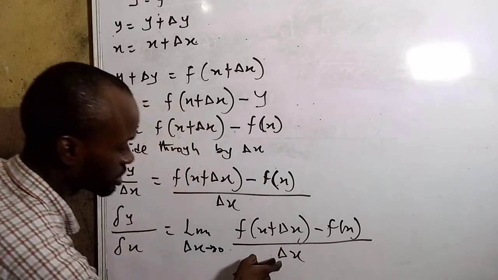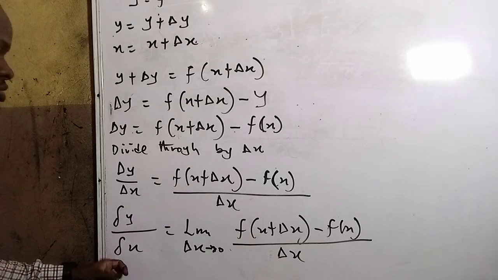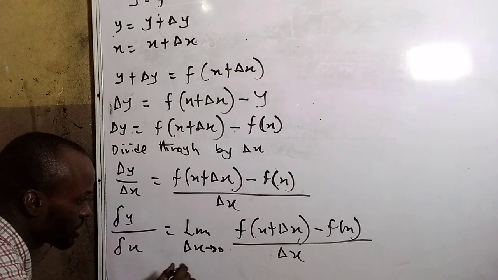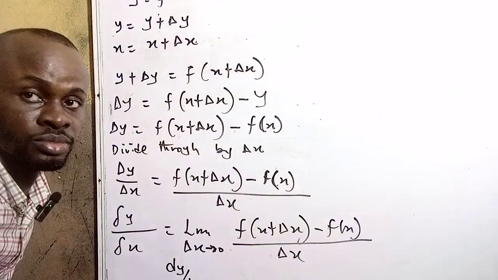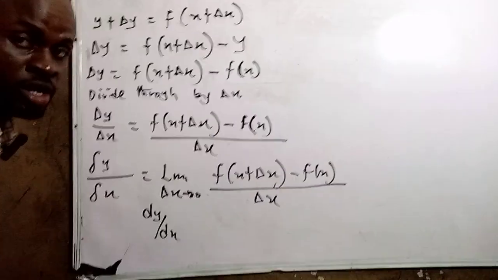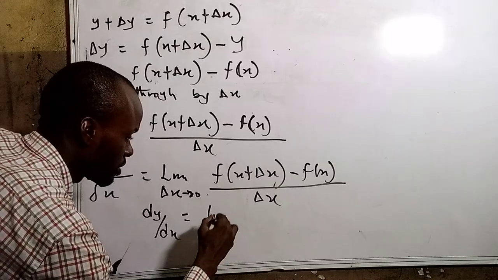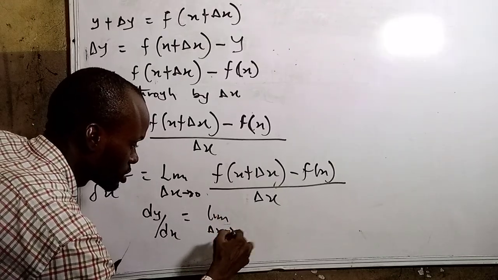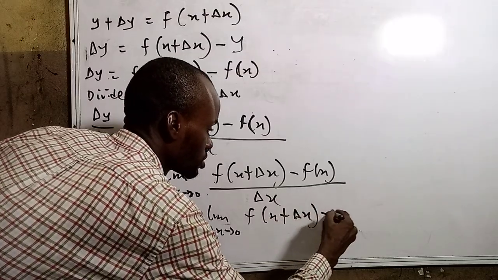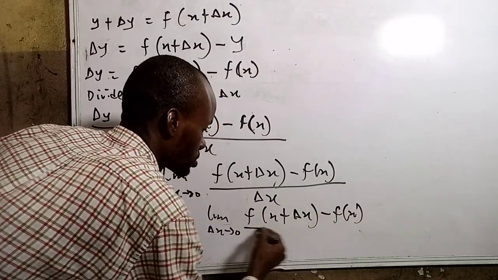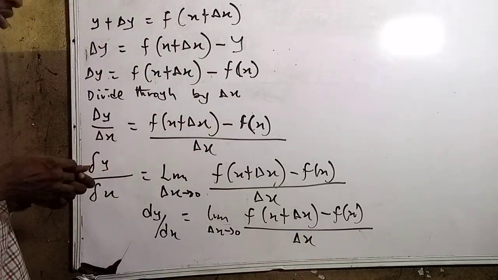The moment we limit dx to 0, we have everything in this expression equal to our dy on dx. Our dy dx is then equal to everything, with dx limited to 0. So that's how the expression is gotten.